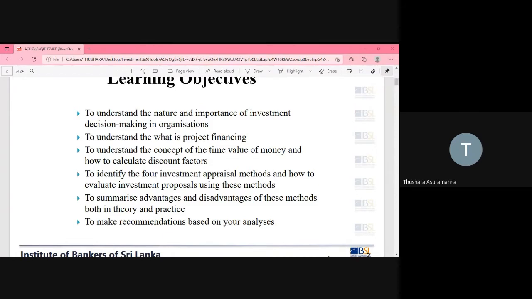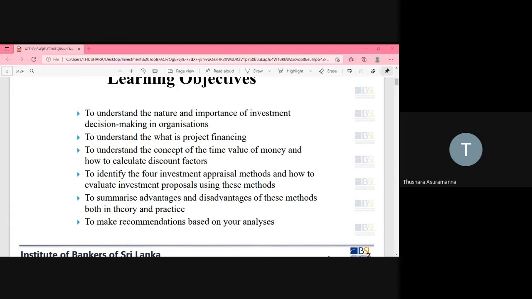That's one. Suppose you decided to go with one of these projects, then you think about the financing decision. How should I do it? Whether I use my own funds, whether I go for a joint venture, a bank loan, or an initial public offering. So that is about the financing decision.